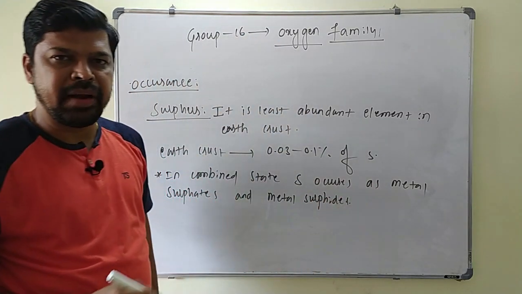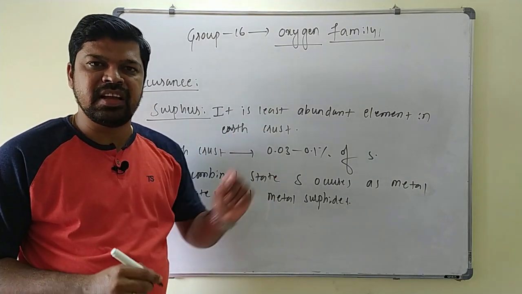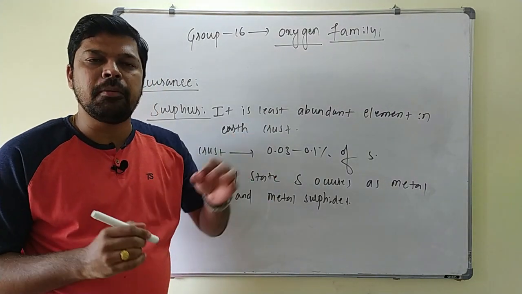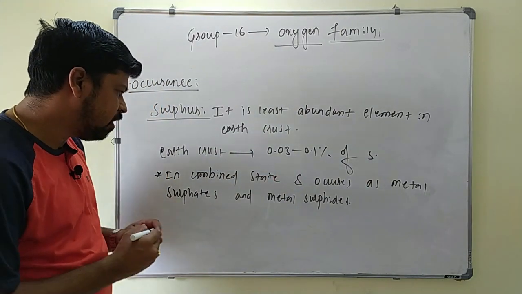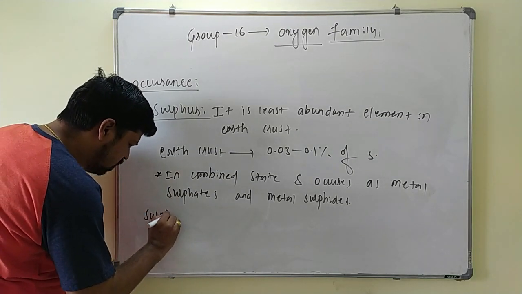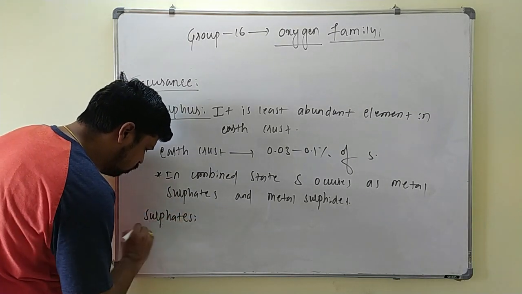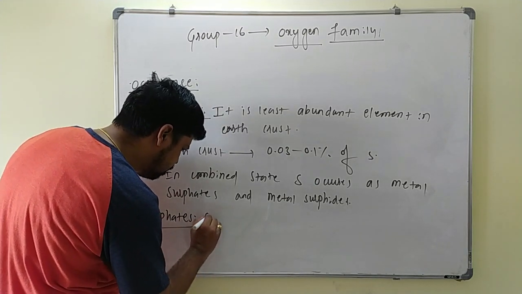So whatever I am writing now, you have to answer one question from this one. One question is there in the NCERT: list out all the important sources of the sulfur. You have to concentrate on these things now. As the sulfates, I will write first sulfates. The first one is gypsum.